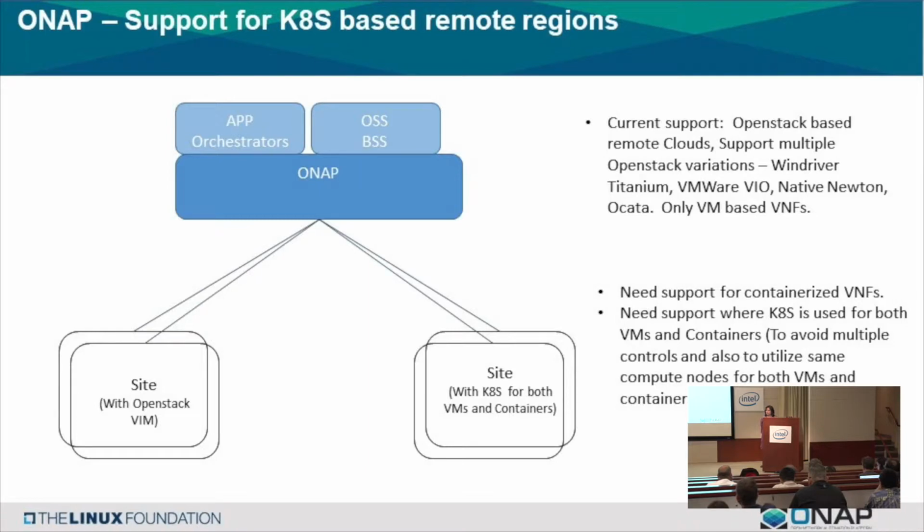In ONAP we can support multiple OpenStack installations. We support OpenStack variations like Newton, Ocata, and going forward Pike, and also Wind River Titanium and VMware VIO. That is the current support, but it's only VMs.